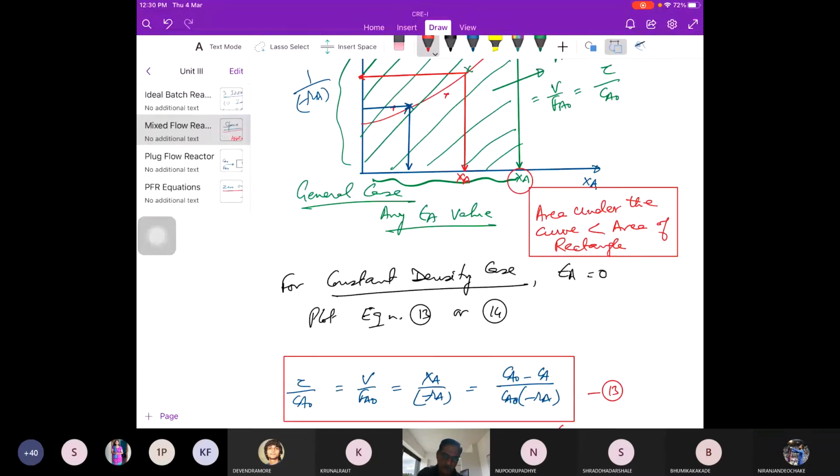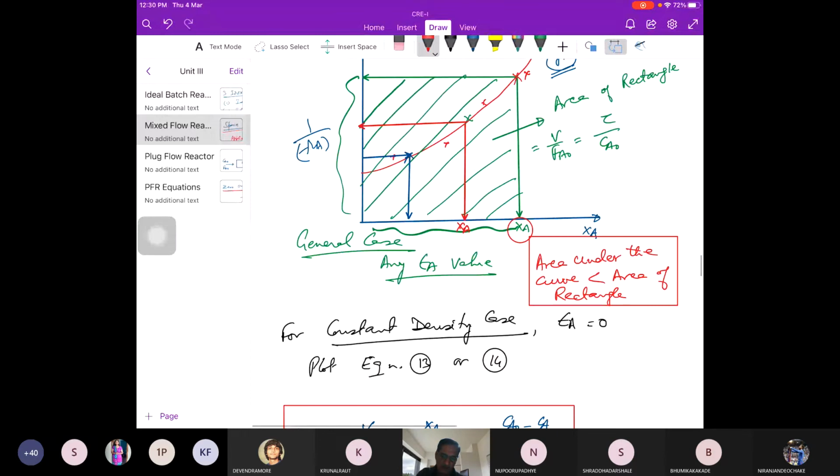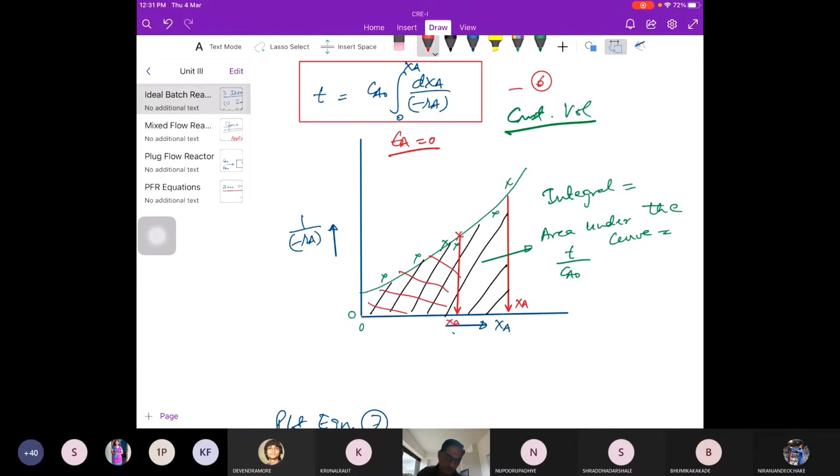Okay? So what does this mean? I'm going ahead now, but I'm just trying to explain that tau is increasing, and C0 is the same. So if the area is changing, that means my tau is increasing. I'm not changing CA0.